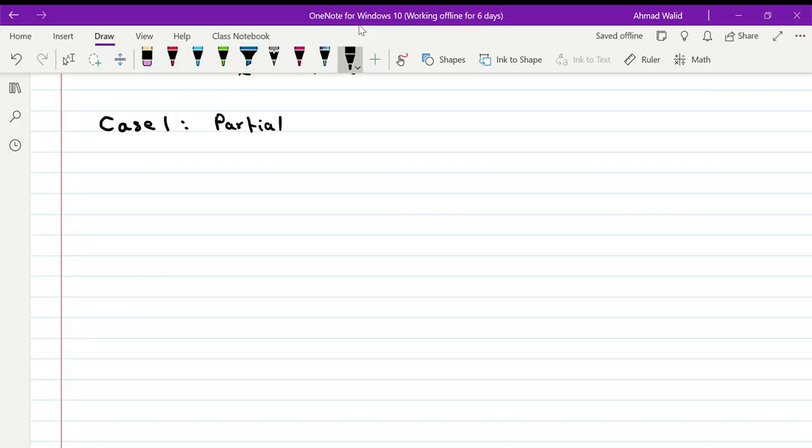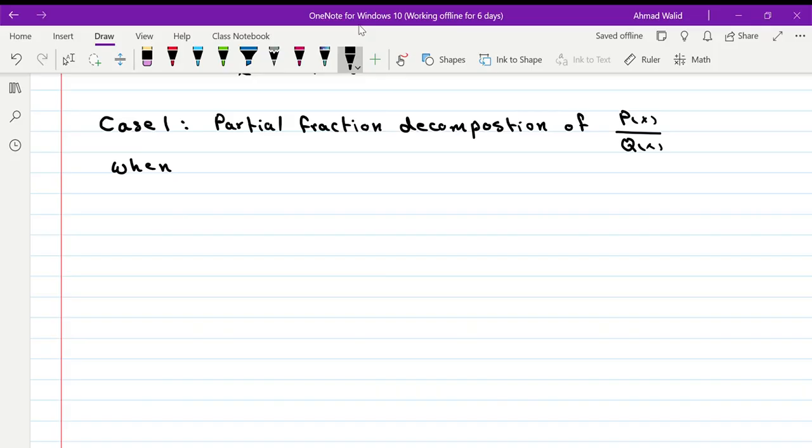Partial fraction decomposition of p of x over q of x when q of x has distinct linear factors.